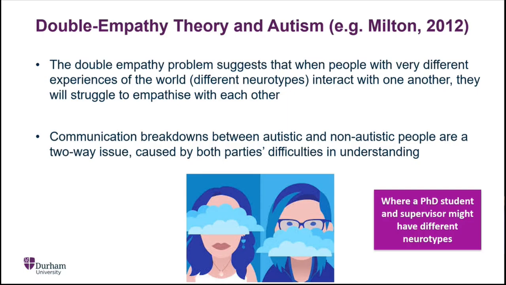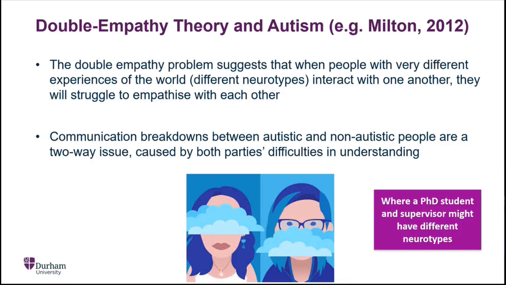All of this is really important when we think about how we communicate to other people. This is relevant in supervisory relationships, of course, but actually it's relevant in any team, working with colleagues as well as students. We know that there's lots of evidence to suggest that communication flows easier when individuals are within neurotype pairs.